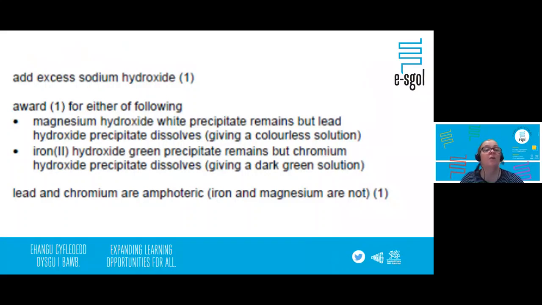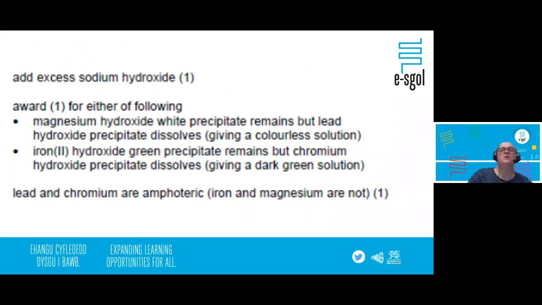Lead hydroxide, the other white one, will dissolve, giving a colourless solution. The two green precipitates you differentiate by excess NaOH, because iron hydroxide remains as a precipitate, so it doesn't form a complex, but chromium hydroxide will dissolve, giving a dark green solution.